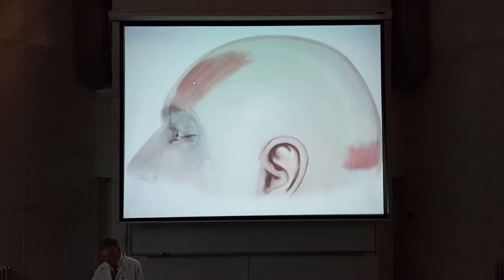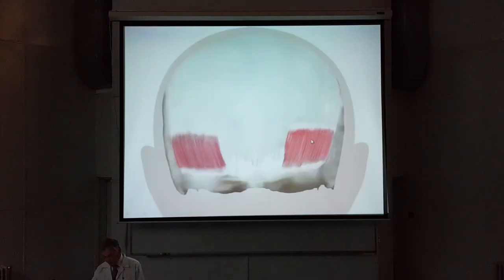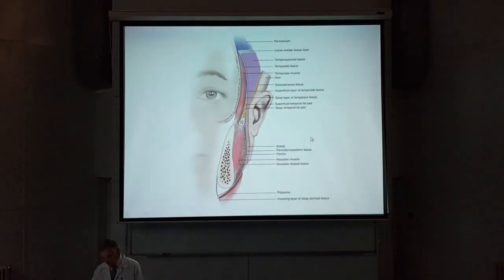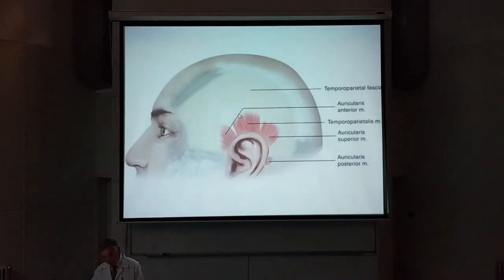Here is the frontalis and occipitalis, and this is the aponeurosis. This is the occipitalis. Now, laterally, the fascia contains the temporalis muscle.